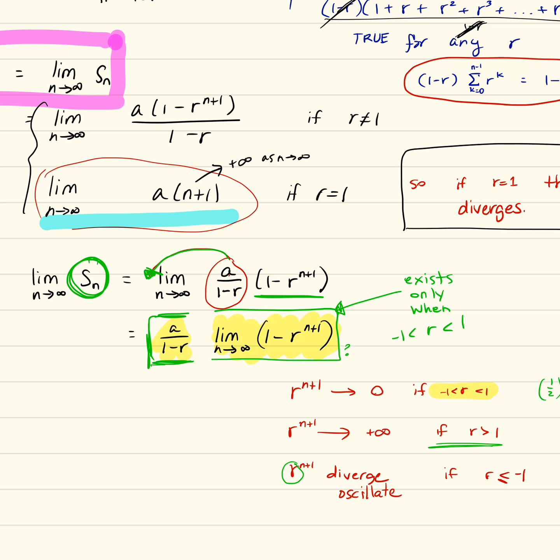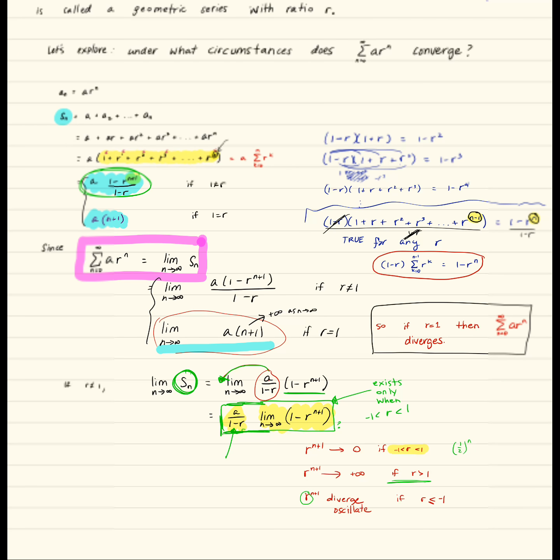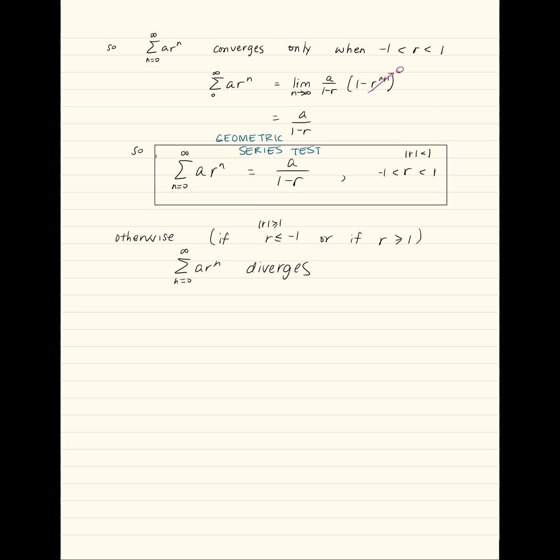Altogether, this exists only when r is in between negative 1 and 1, because if r is equal to 1, then we will be dividing by 0 here, and we can't do that. So let's write that over here. In conclusion, our geometric series converges only when r is in between negative 1 and 1.